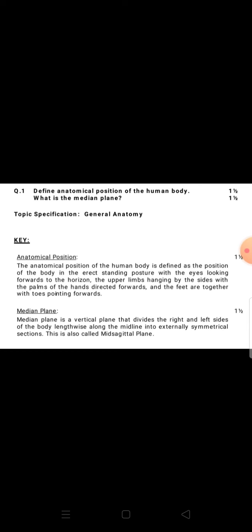Now, topic specification: the topic is from general anatomy. Now, the key answer. The first part of this question is: what is the anatomical position?